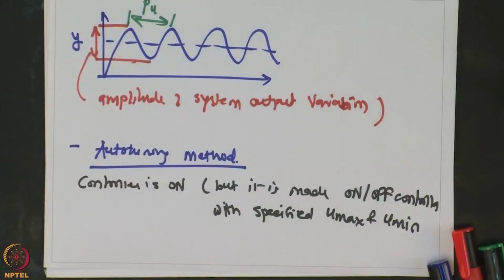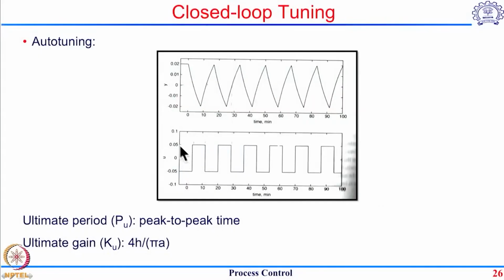So, typically when you do that, the response is going to look like this. Your manipulated input would look like a pulse response, which is clamped by the maximum and minimum value which you have set. Here the response shows that it is set at plus minus 0.05 around the steady state value, and correspondingly the output shows this sawtooth type of response.